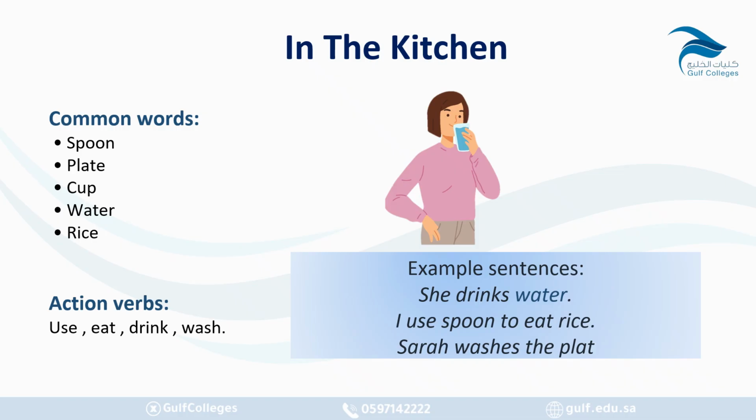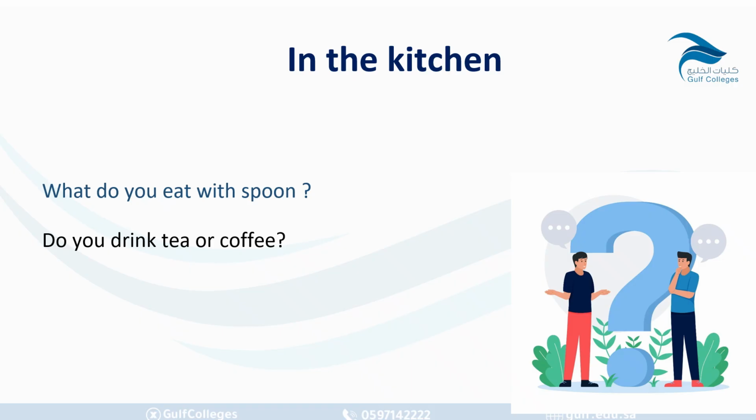And of course, we have other words that you can find in your kitchen, such as knife, fork, and fruit. Now we know some common words that we can use in the kitchen.